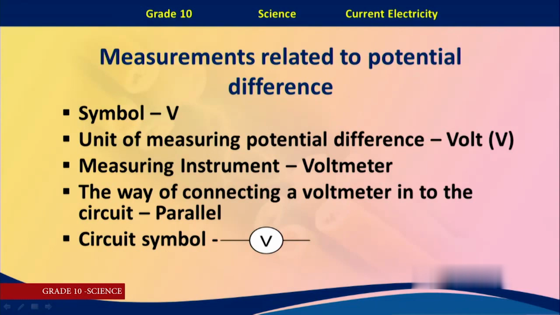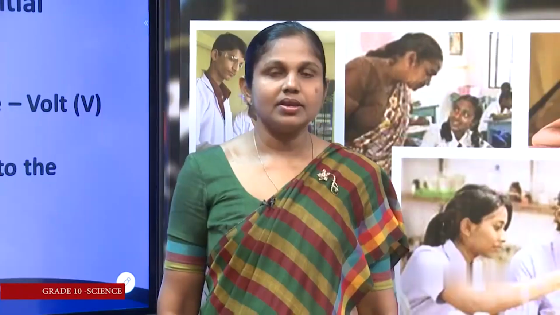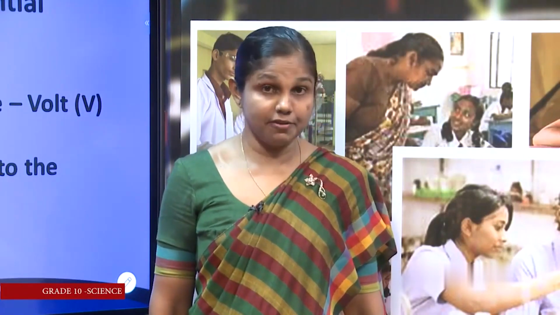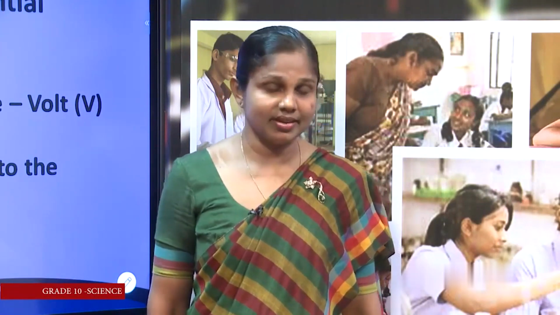Now you can see the circuit symbol of voltmeter. When the voltmeter is connected to the circuit, we must show it like this. Children, now we are going to measure the potential difference across a device in a circuit.